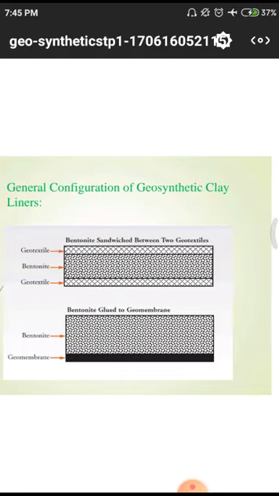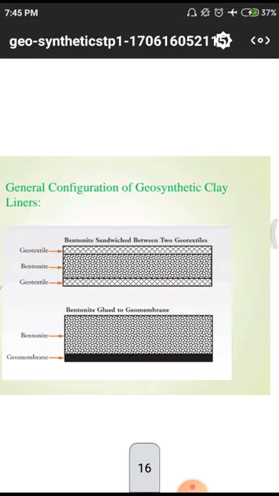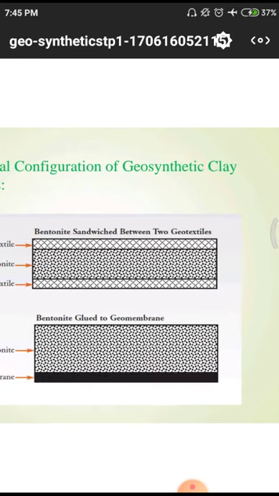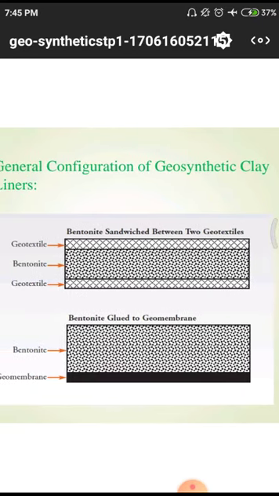And these are different arrangements of geosynthetic clay liners. Normally, these geosynthetic clay liners are sandwiched between the materials. Those arrangements will be shown here. That means on the top we are having one geotextile, and at the bottom we are having another geotextile.